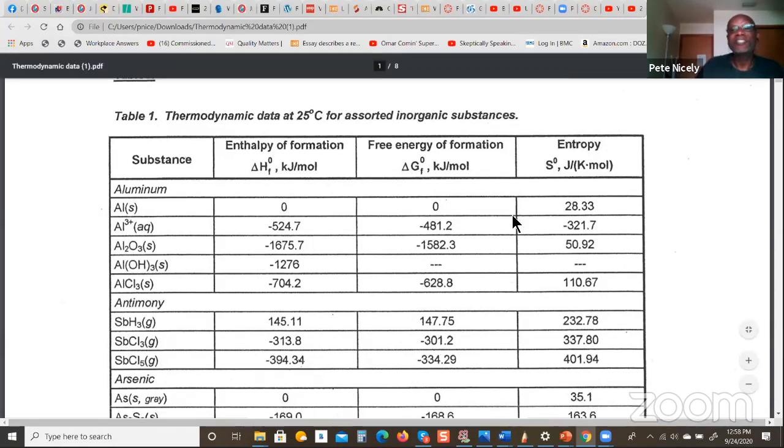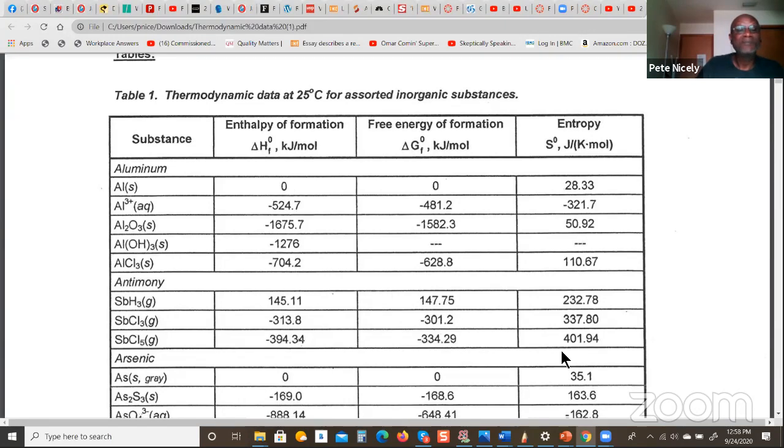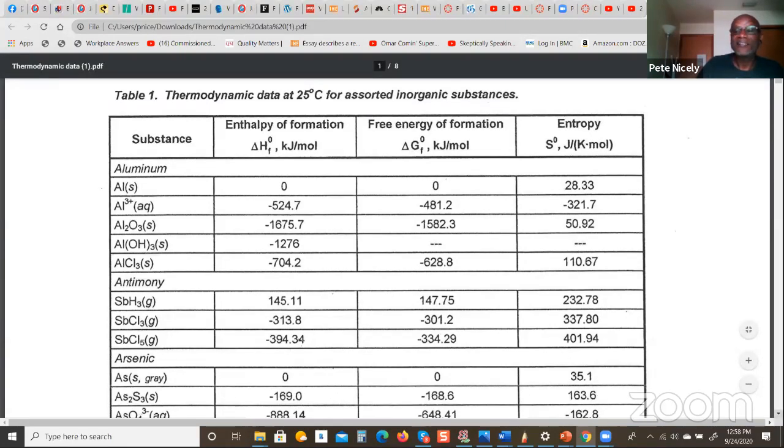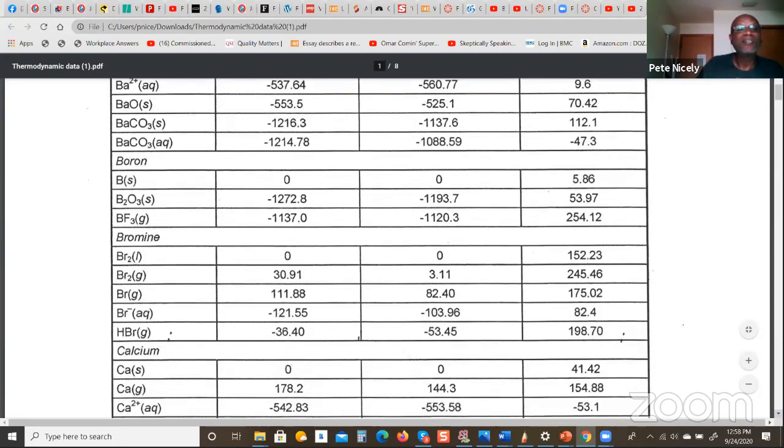Another thing I want to point out is that if you examine this table, elements in their standard states, under standard conditions, have an enthalpy of formation of 0, such as aluminum, arsenic, and if you scroll down, barium, boron, bromine.